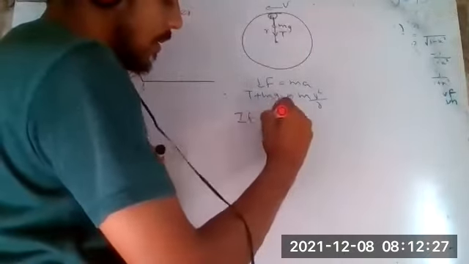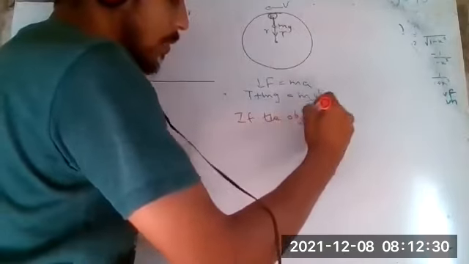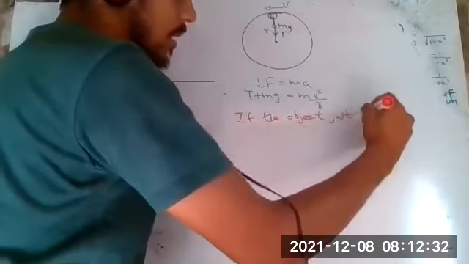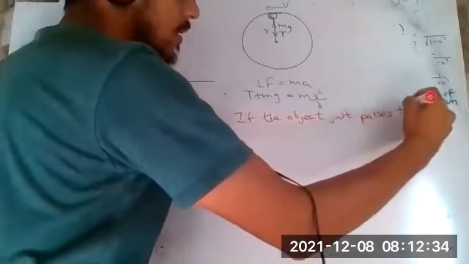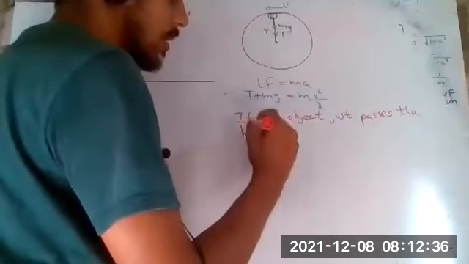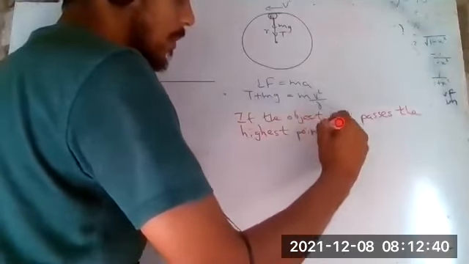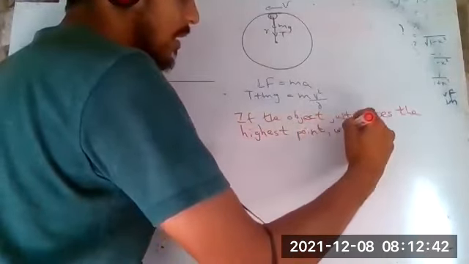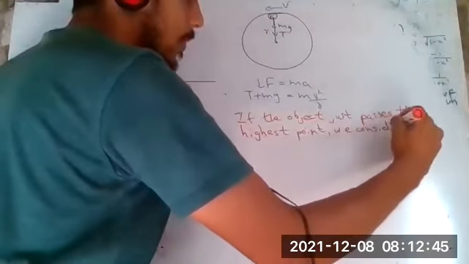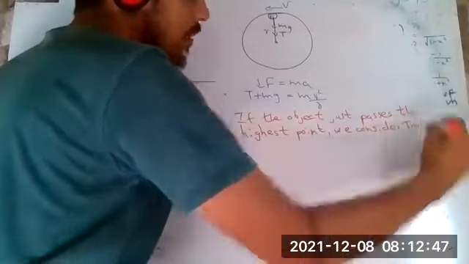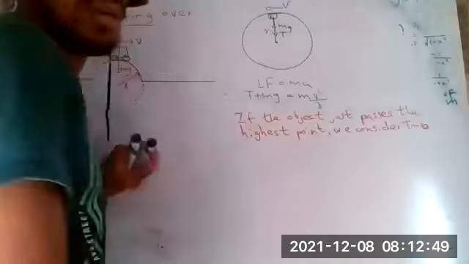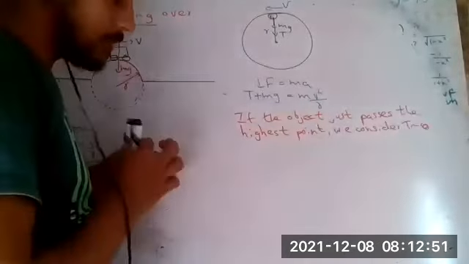If the object just passes the highest point, we consider T to be almost zero. Now let's see what happens.